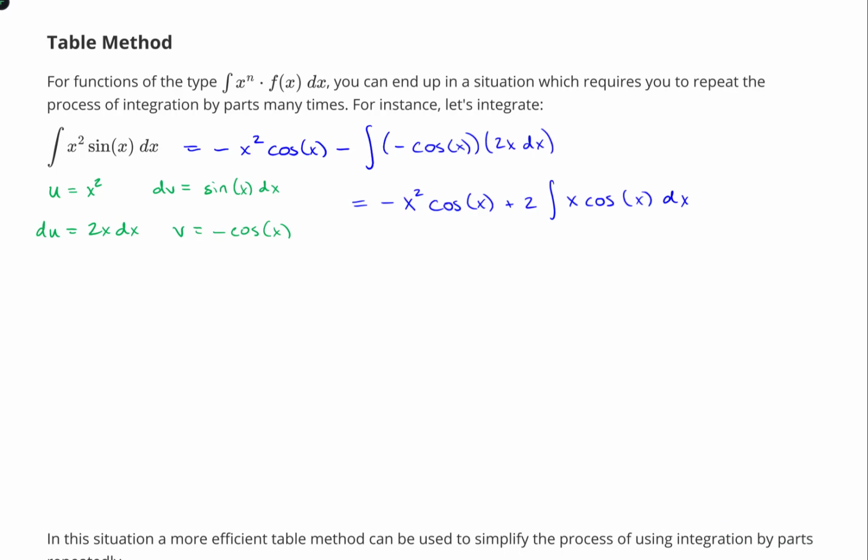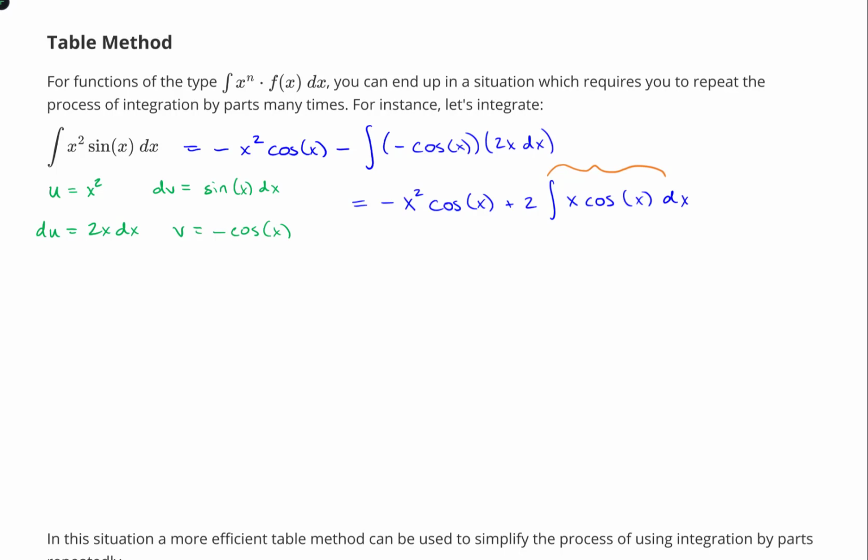Now, what we wanted to occur did happen. What we wanted is for this integral to be simpler than the original integral. And it certainly is. It is simpler by a degree of 1. We went from x squared down to x. But in order to integrate this, we still need to do another iteration of integration by parts.